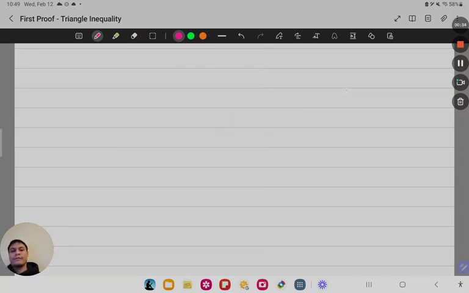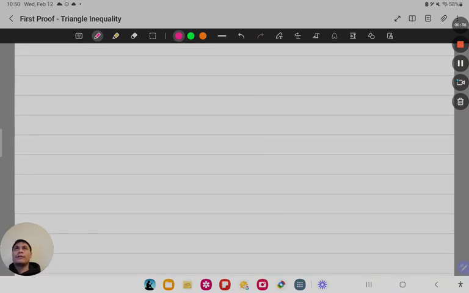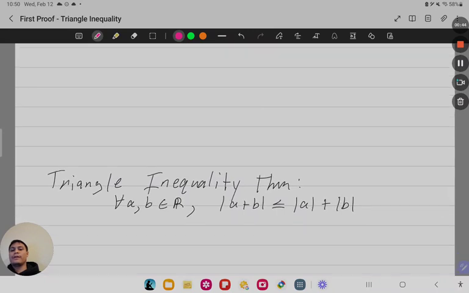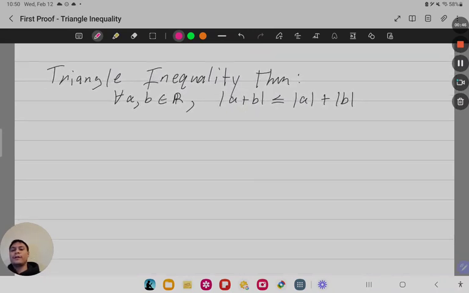Now, there's a lot of ways to colloquially say this, but how do we say this mathematically? Well, one of the ways we can say it numerically is by the triangle inequality theorem, which says that if I have any two real numbers, and I take their sum and then take the absolute value of that sum, it is less than or equal to the sum of the absolute values of each of those two numbers added together separately.